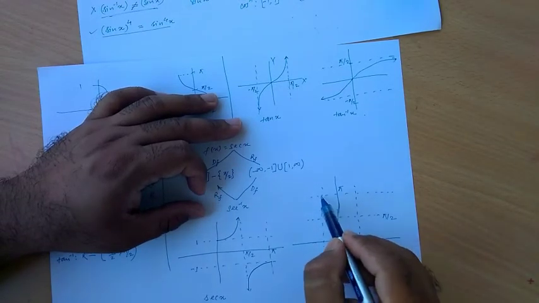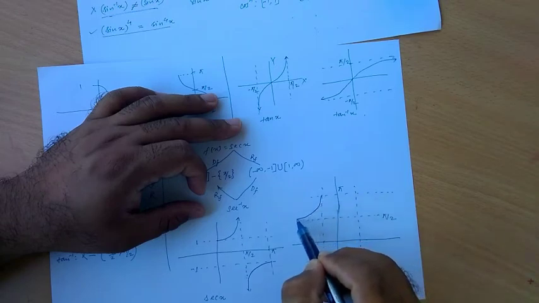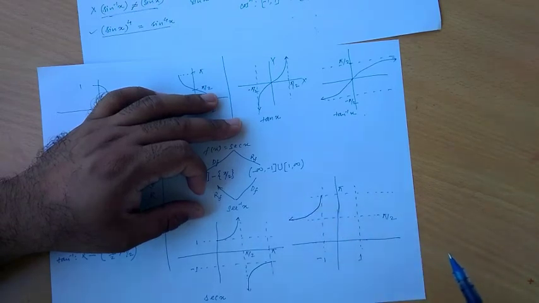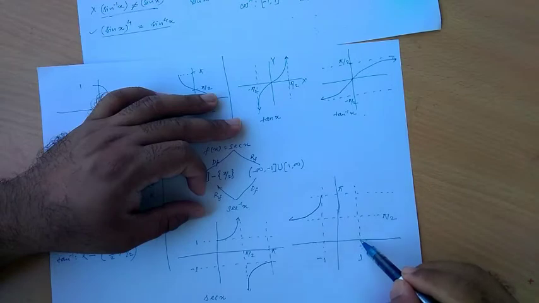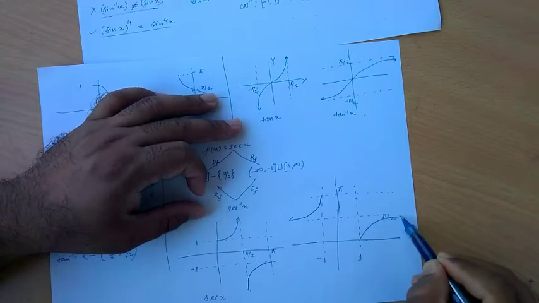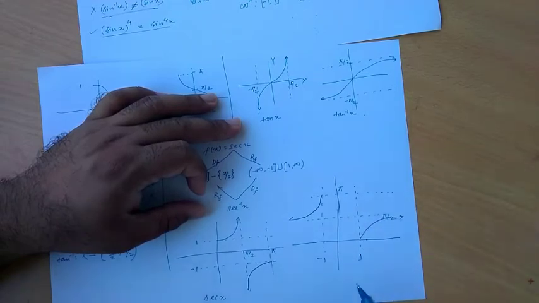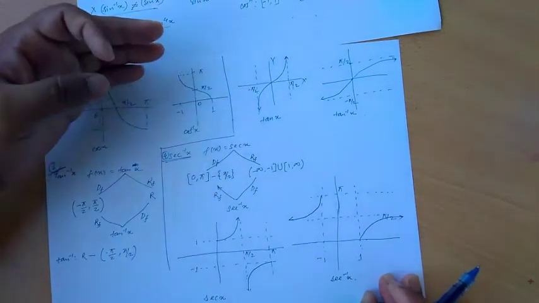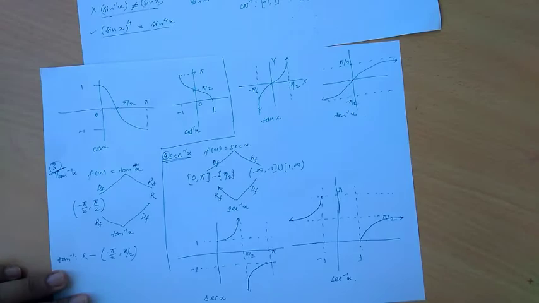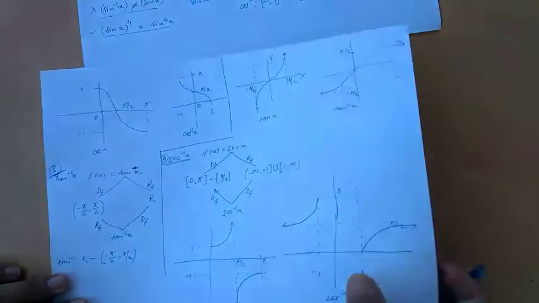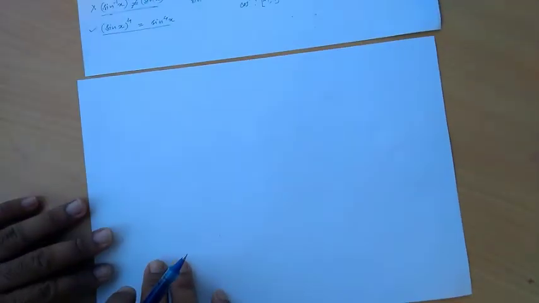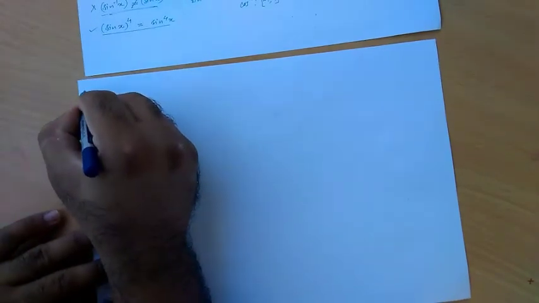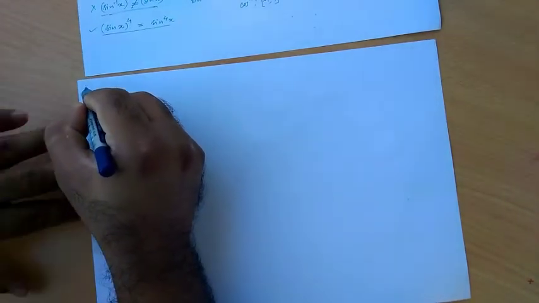So I have a function in this direction and another function in this direction. This is known as secant inverse x. Now coming to the next point, that is point number 5.